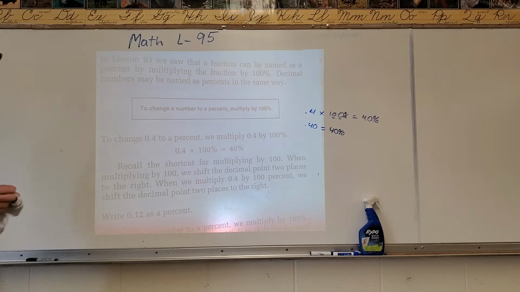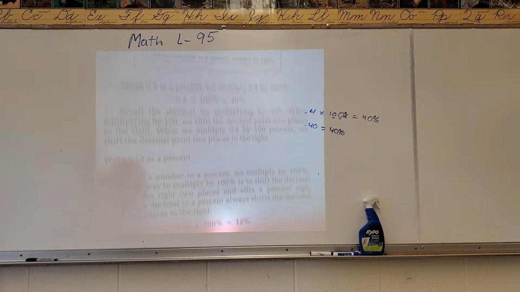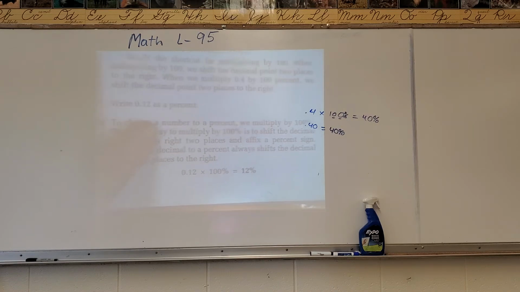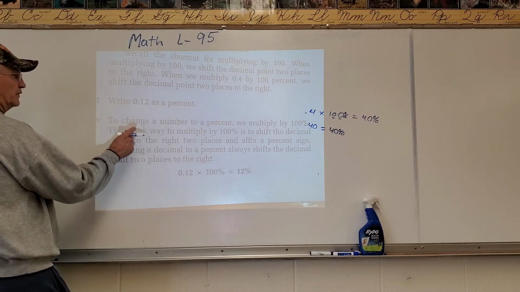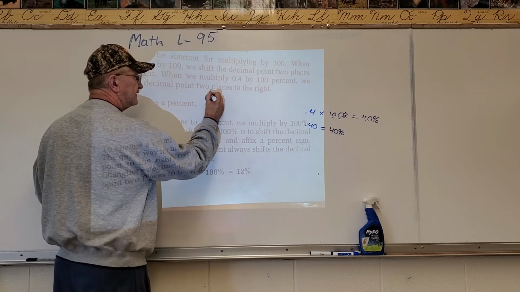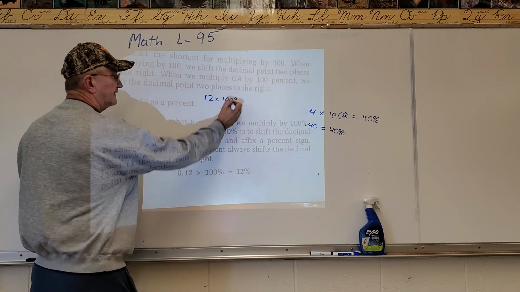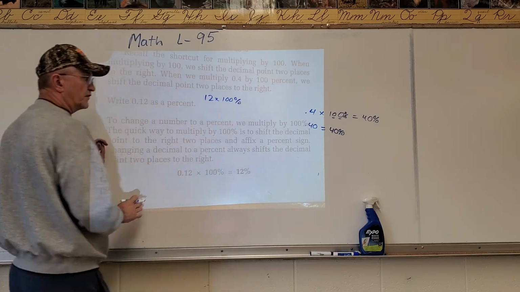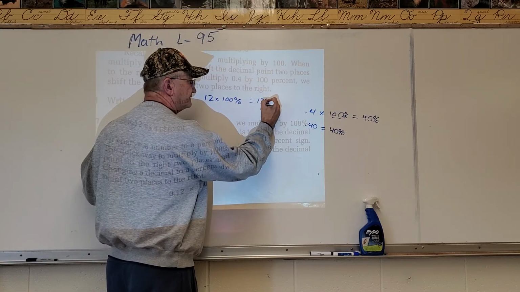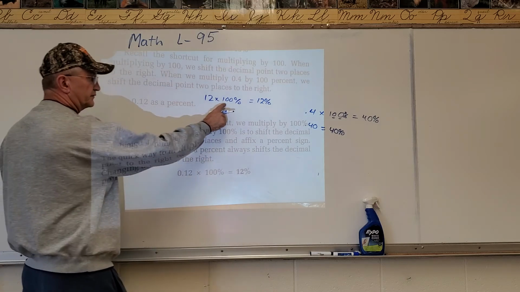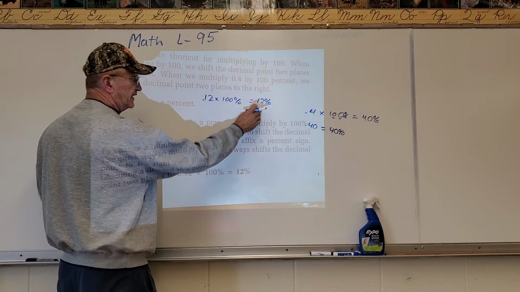Let's slide down to the next portion. It says, write 0.12 as a percent. Same thing. We can go 12 times 100%, which when we do the math, you're going to get 12%. Or a short way is, I have 0.12 here, so 0.12 times 100% equals 12%.